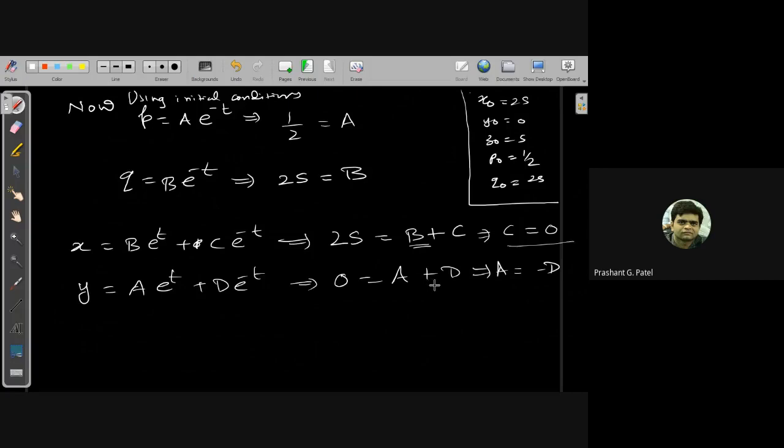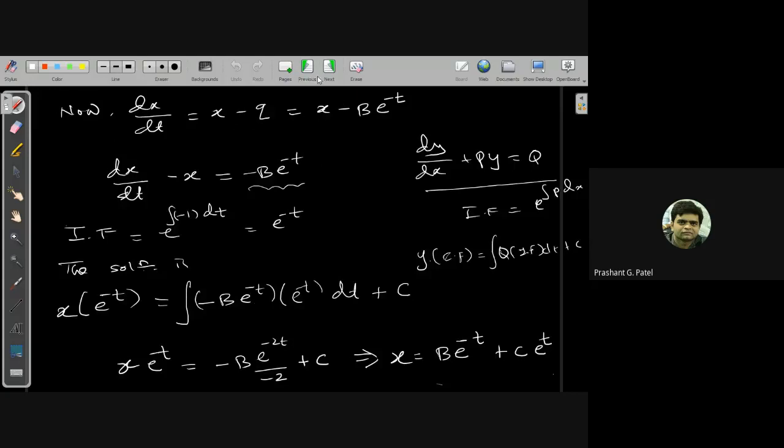Oh, the value of c is 0. No, because the value of q is 2s, it is right. b is 2s. If c is 0, then something went wrong. Let me see what is x.